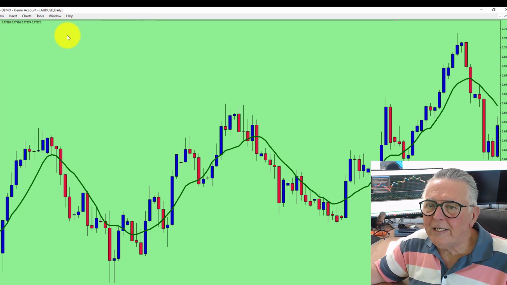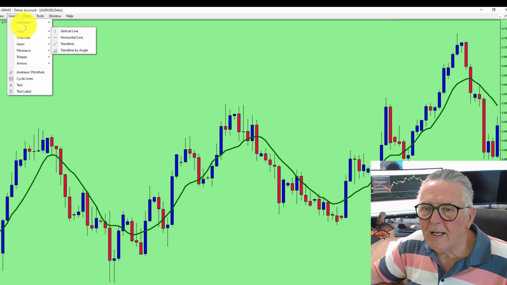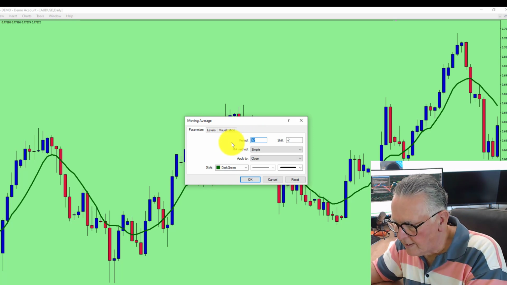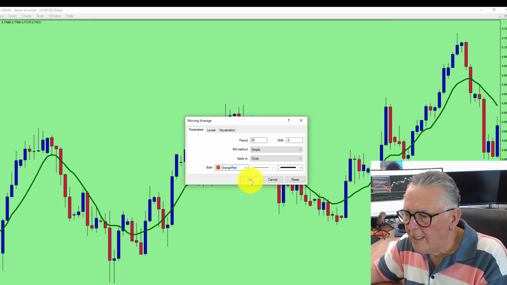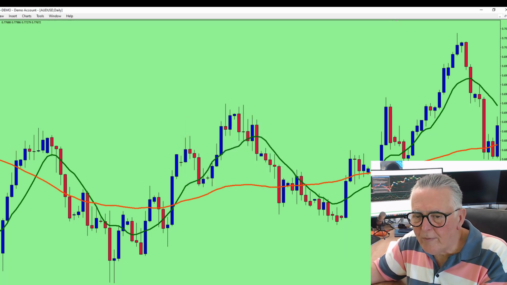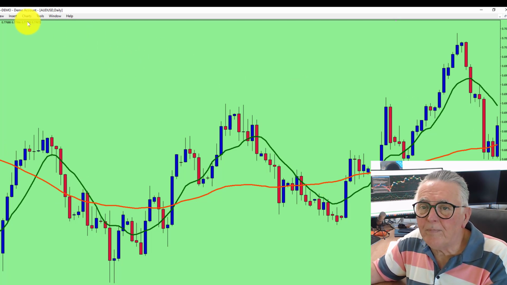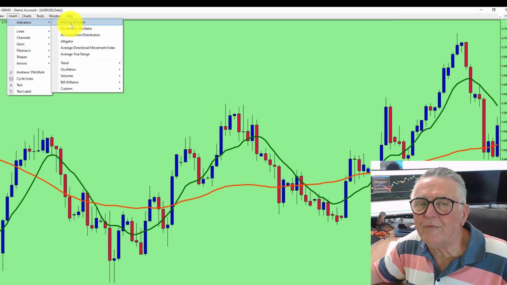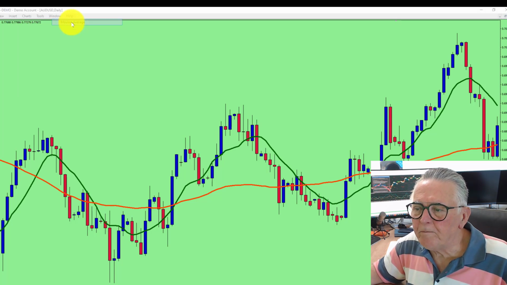So for instance, let me add some indicators here. Moving average, and we said 50. So 50 would be 1, and I'm just going to make that an orange color, and we say okay. So they would take that as their trend indicator, or they might add 50, and they'd also be very specific about whether it's exponential and that type of thing.